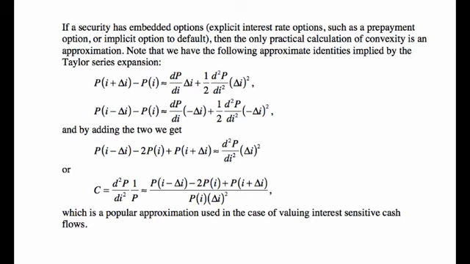We again write the Taylor series expansion of price as a function of interest rate, and we use the first two terms of it, the way you see here for P of I plus delta I and P of I minus delta I. We add the two, we get the formula that you see there, from which we get the formula for convexity, which is approximately equal to price at I minus delta I minus twice the current price at I plus price at I plus delta I divided by P of I times delta I squared.